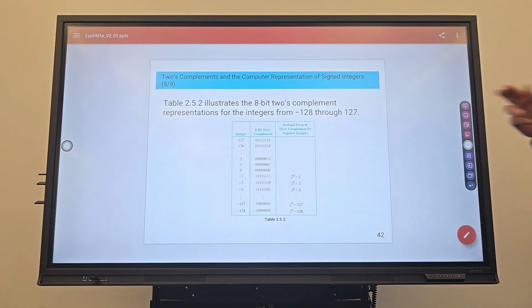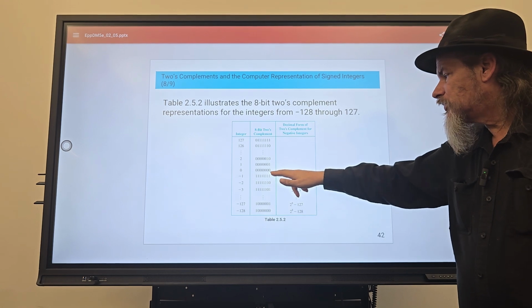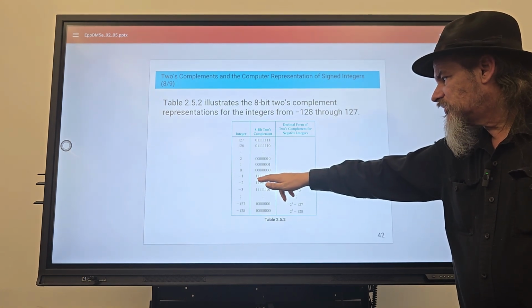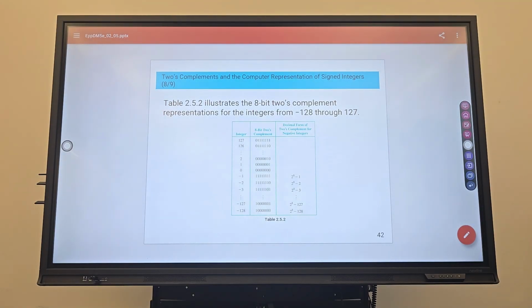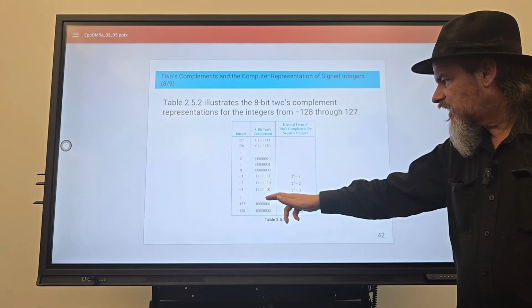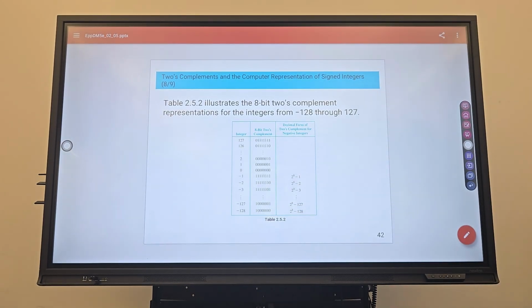This shows it as a number line. You can see that 0 is 0, and negative 1 is all ones, and so on, as it counts down to negative 128.